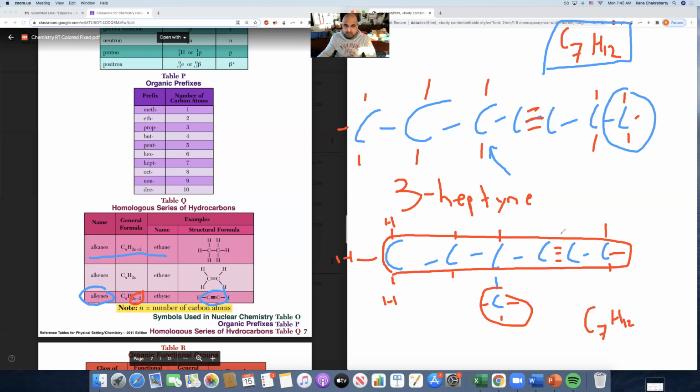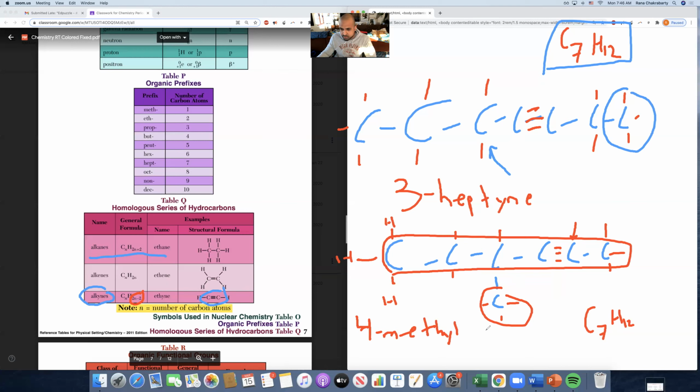The way you number these when you have multiple substitutions is you name it with the triple bond first. So this is 6. This would be, actually, hold on, I got this. This is 4 methyl. This is kind of crazy. 4 methyl. And you'll never get something this complicated. I just want you to understand why it's 4 methyl.